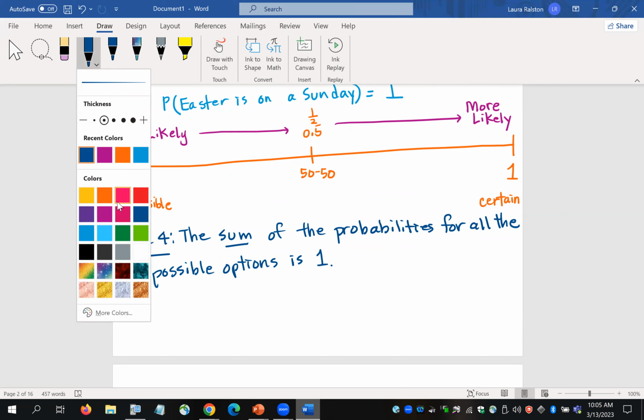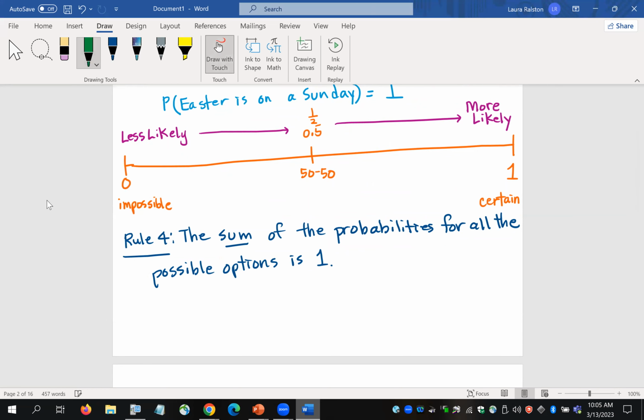Now remember, the word sum means to add or to total. So if I total up all of the possible things that could happen for a particular event, they have to total to 1, because 1 implies something's going to happen.